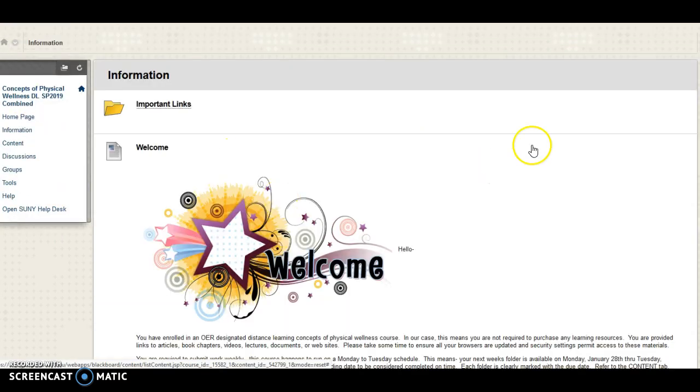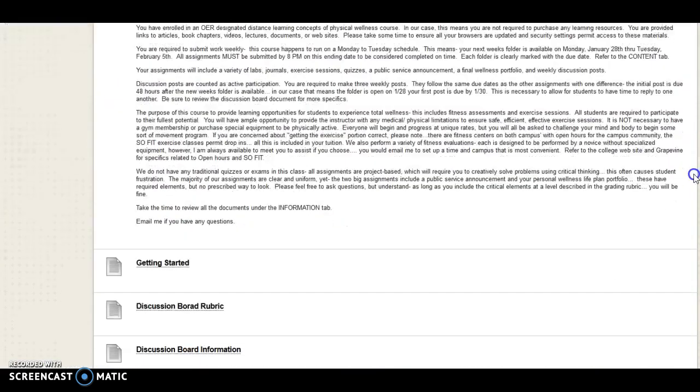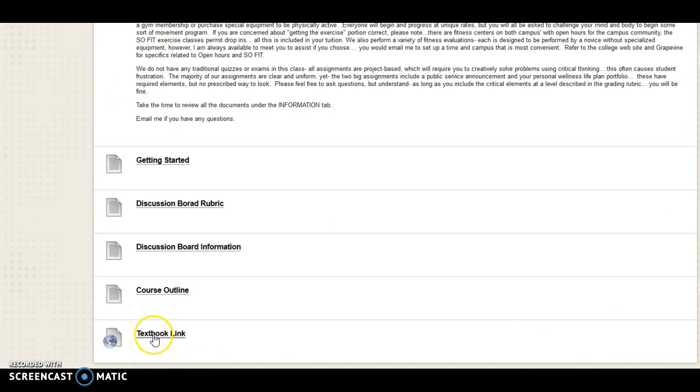As the information tab is opening, again, if you scroll down, you will see that there's a textbook link. Some folks are saying to me there is not an individual chapter textbook link for each chapter, and that is true because it is an OER, which means open educational resource.